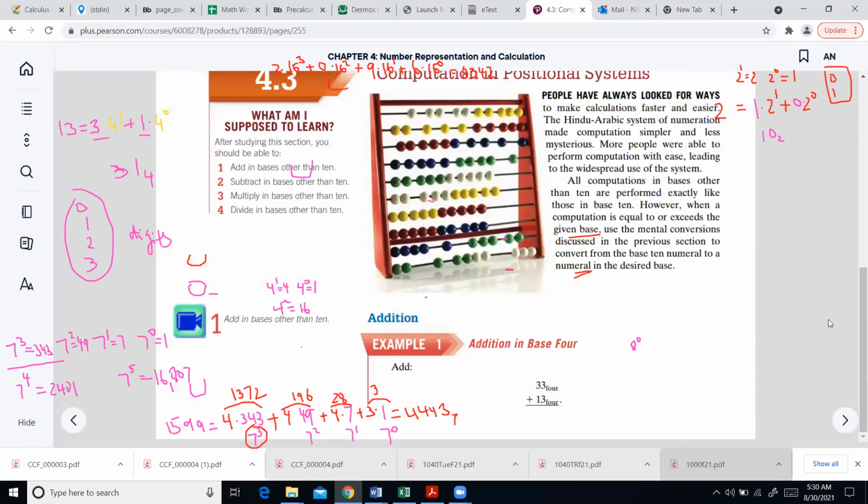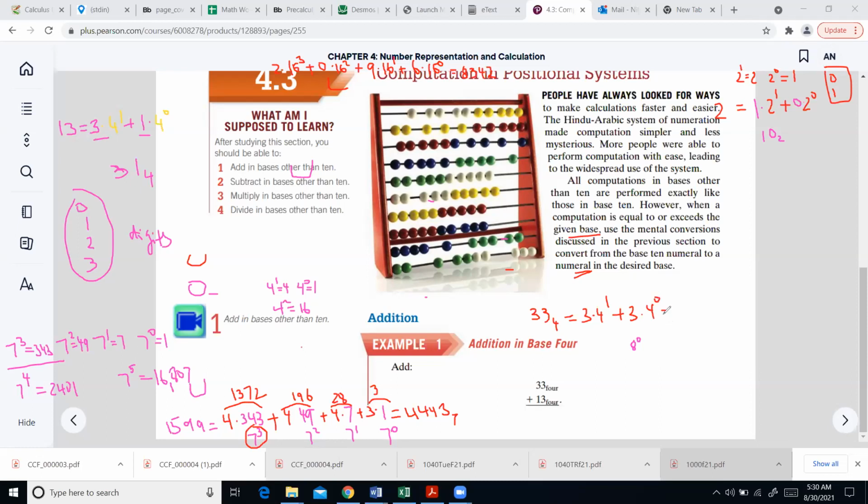So, for example, if I look at the first example here that wants me to add two numbers in base 4, well, it turns out you could just turn both of them to base 10 and add. So you can say 33 in base 4 is nothing else but 3 times 4 to the power of 1 added with another 3 times 4 to the 0 power.